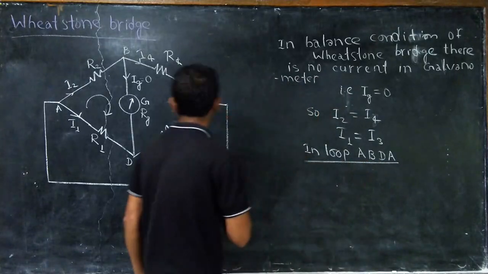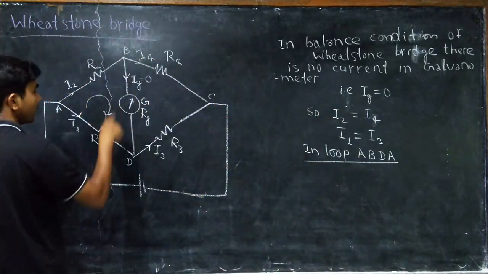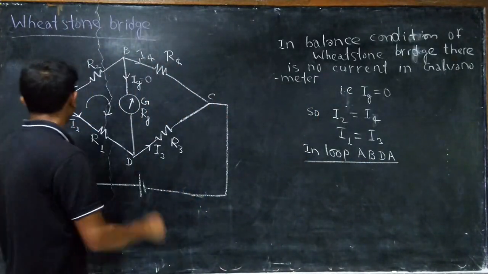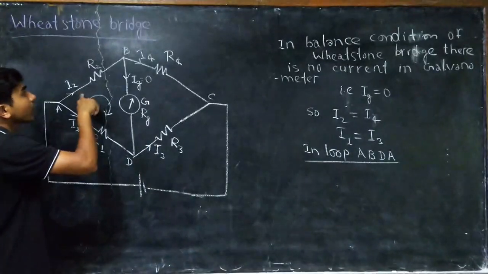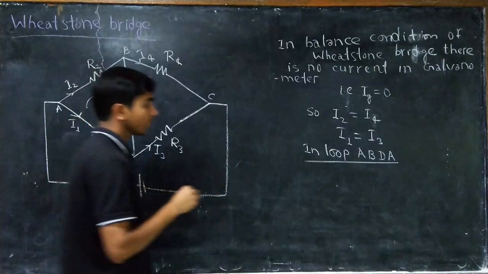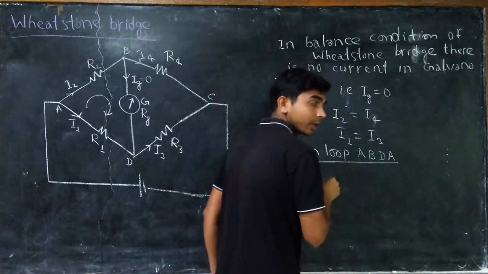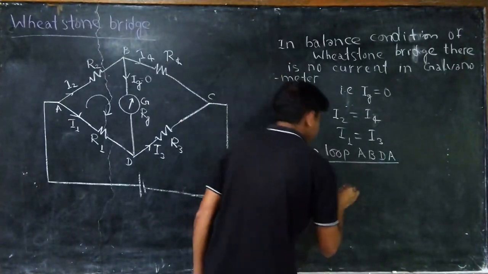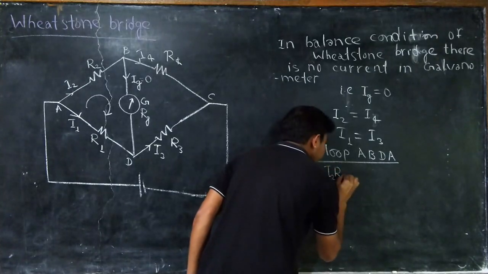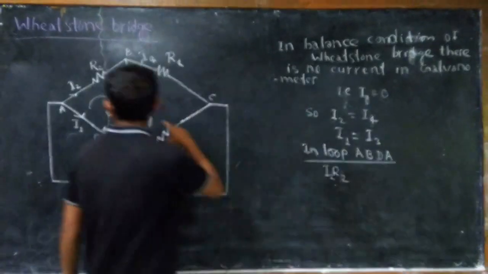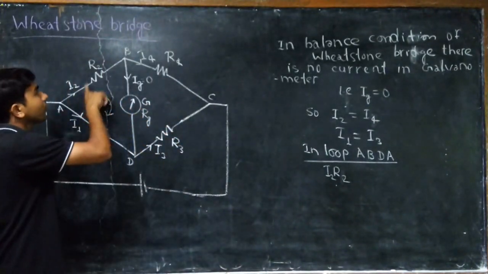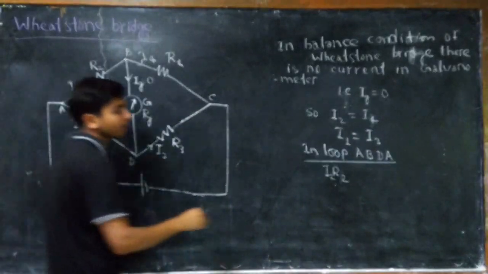In loop A, B, D, A, as I move from this one to this one, we are moving along the direction of current, so we will take minus, and that value will come I2 R2. We are moving from higher to lower potential, so a negative sign will come here.